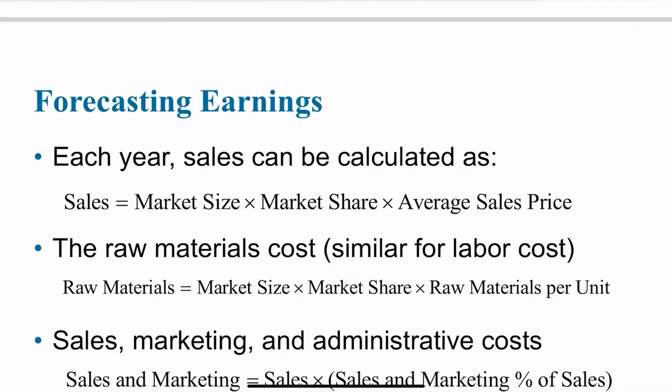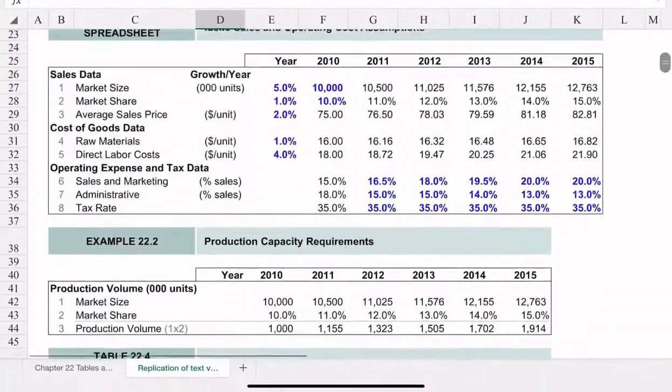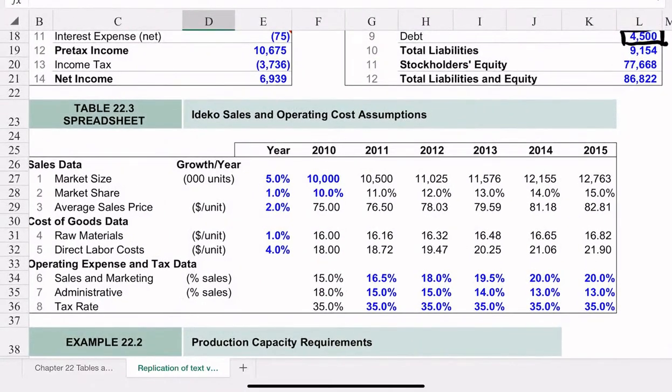Now, how can we get the firm's sales? Well, this is actually pretty simple. If you look at the Excel file, we have made some assumptions about the operational improvement. We have assumed the market size would be a 5% increase per year.